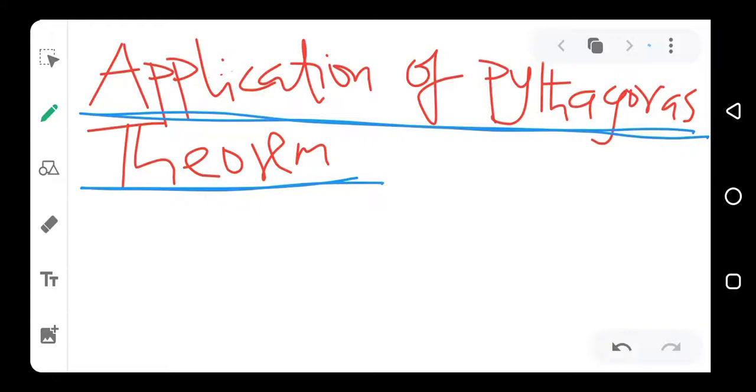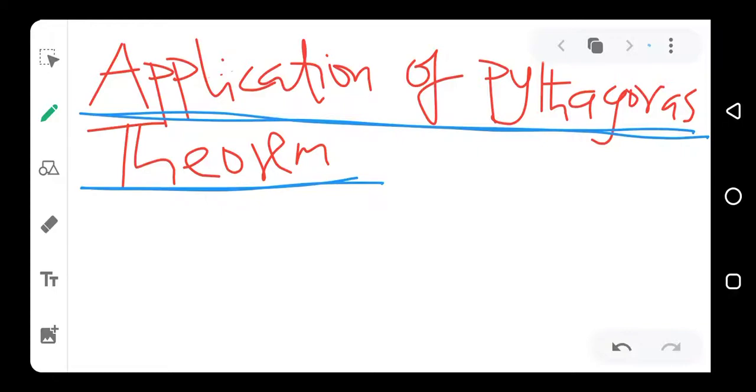Once anything results in a shape that looks like a right angle triangle, we can use Pythagoras theorem to get any side we want from it. For instance, if we want to measure the height of a house, we can use Pythagoras theorem to get it. If we want to measure the height of a tree, we can use Pythagoras theorem to get it.